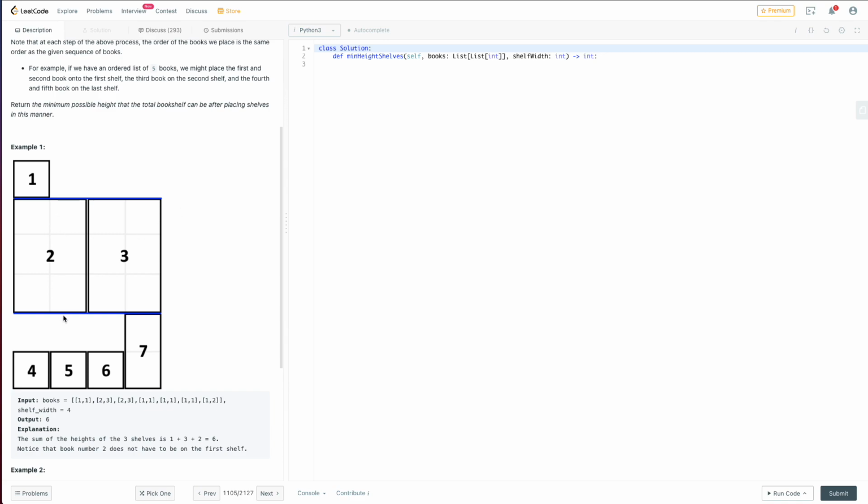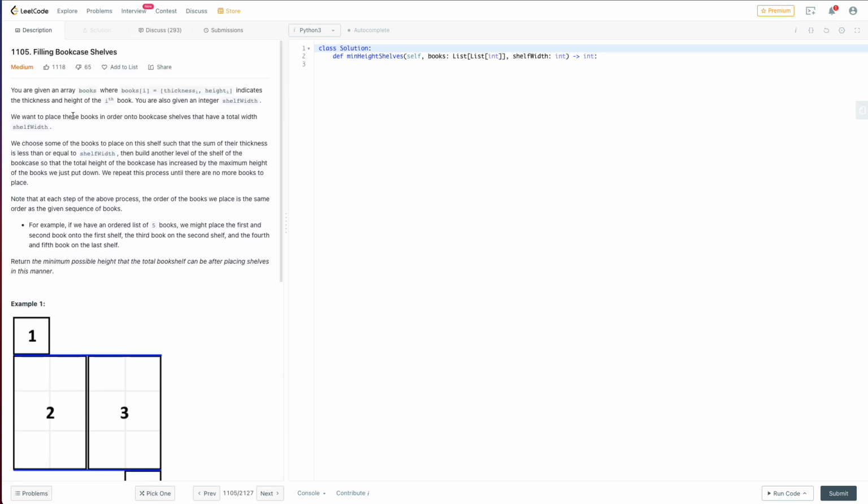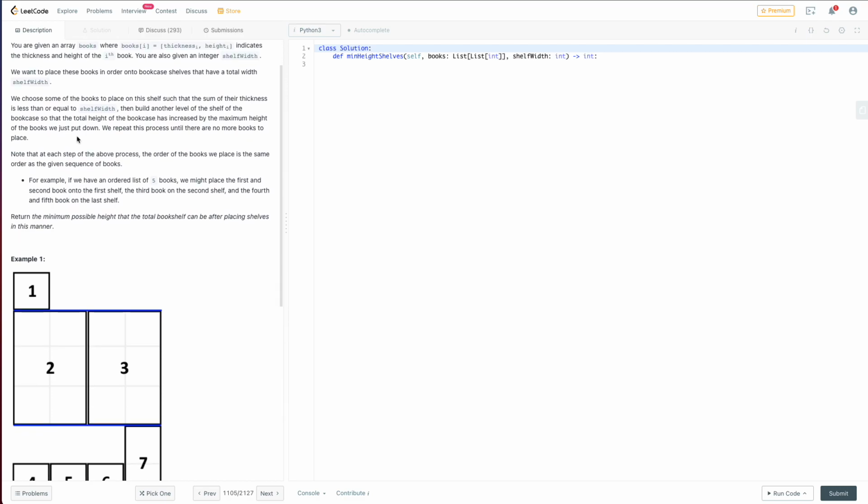We choose some of the books to place on a shelf, such as the sum.